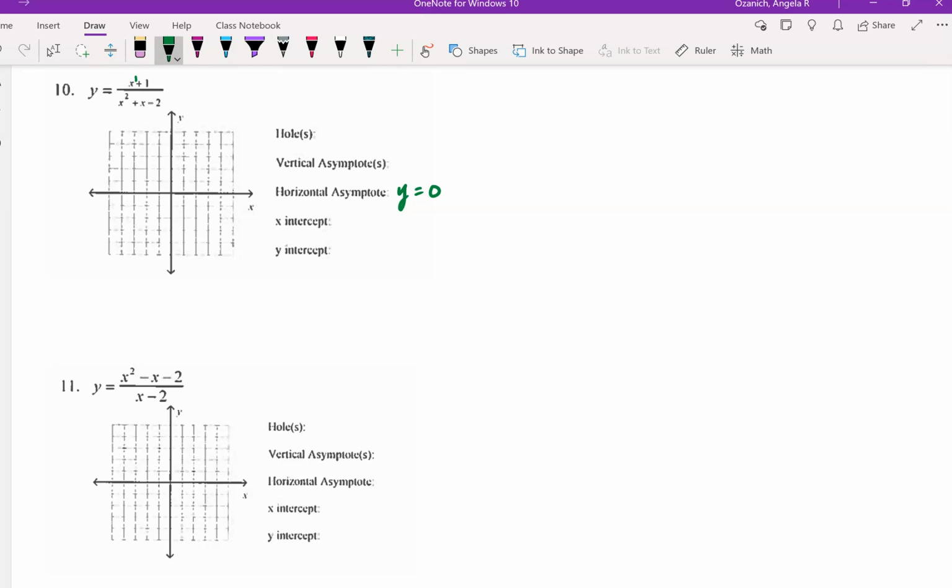Now, one of the things that can happen is that this really is behavior as x goes to infinity and as x goes to negative infinity. What we're going to see with this particular graph is that you actually do have a value along the x-intercept that actually works.